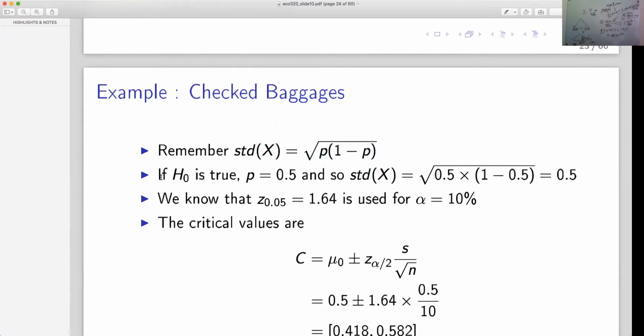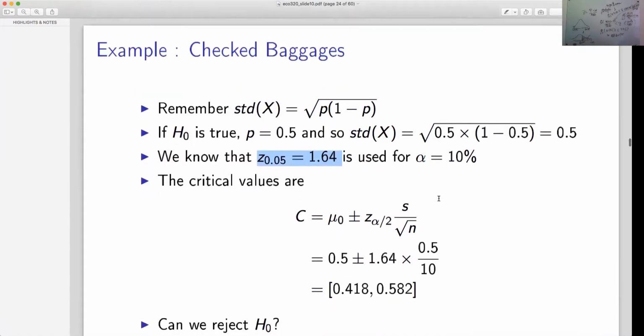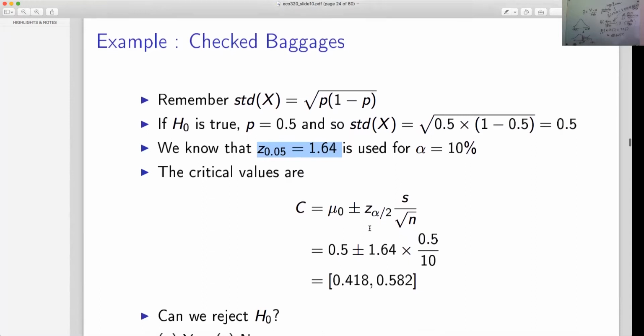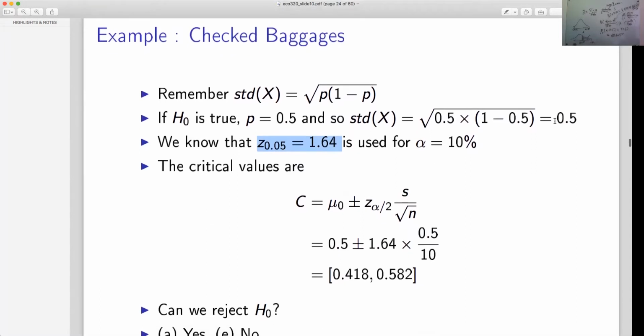So if this is true, then P equals this, so the standard deviation should be this as well. We know Z of this is 1.64 for the 10% level. Plugging in here, where S is the standard deviation of 0.5, and we know the square root of 100 is 10, so these are your critical values.